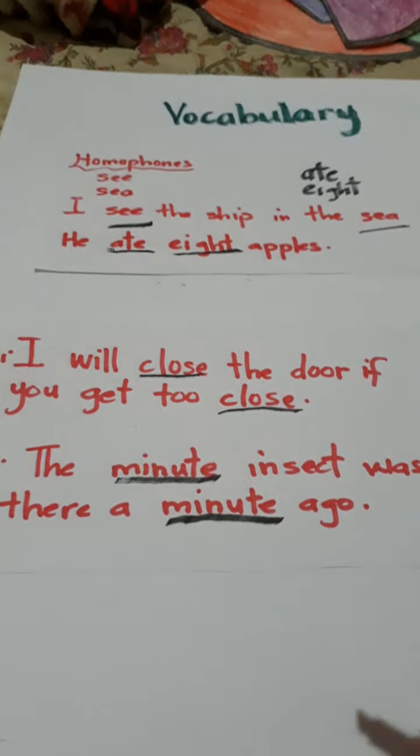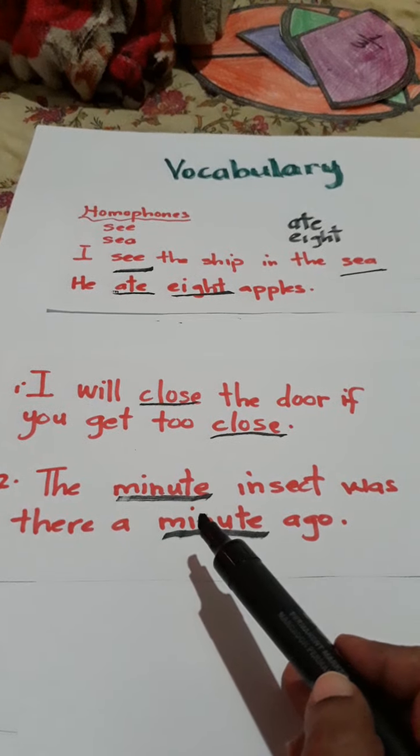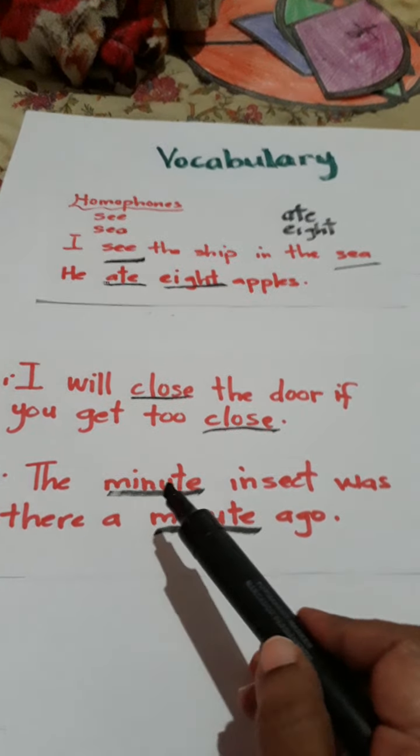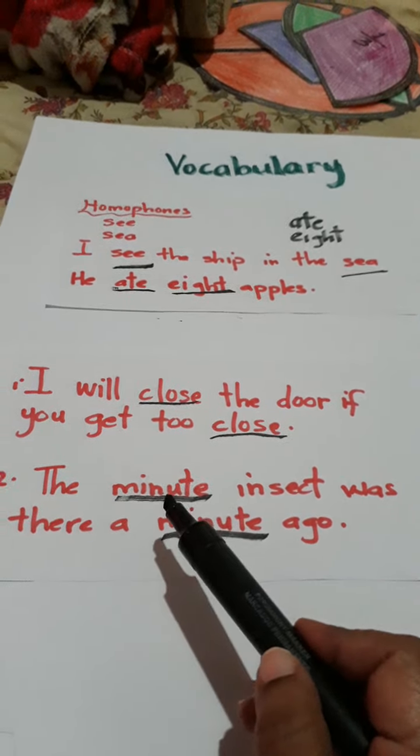So this first one is pronounced minute, and this is pronounced minute. So they have the same spelling, different pronunciation, or different sounds, and different meaning. Minute meaning tiny, and minute meaning relating to time.